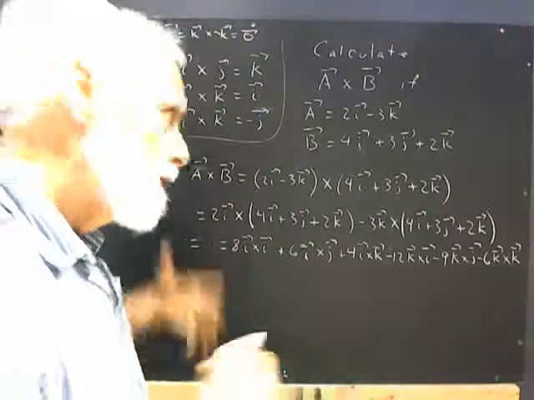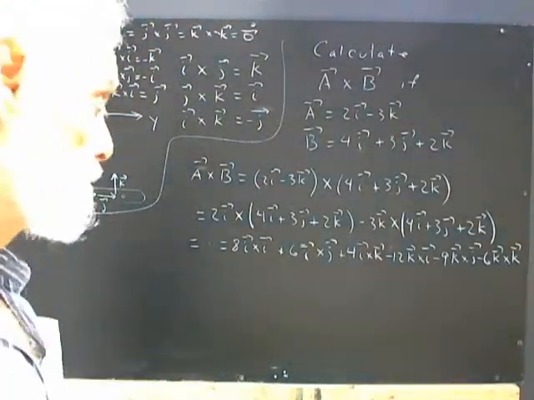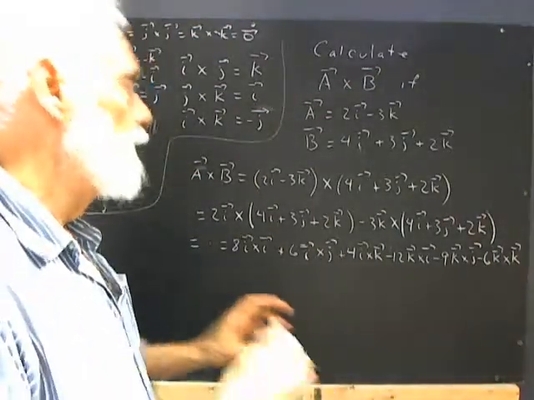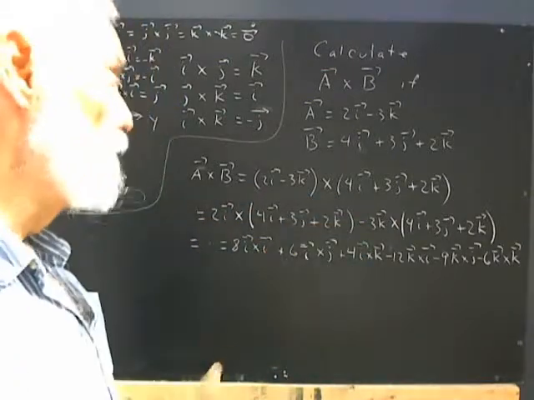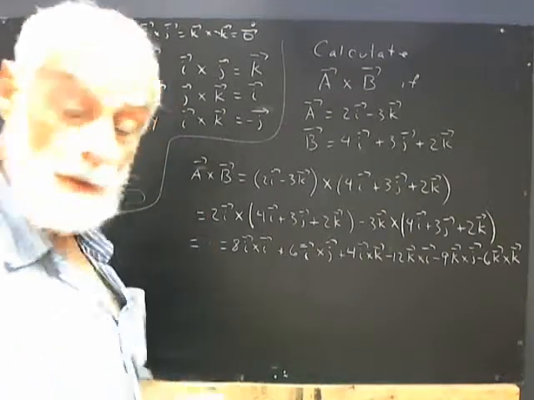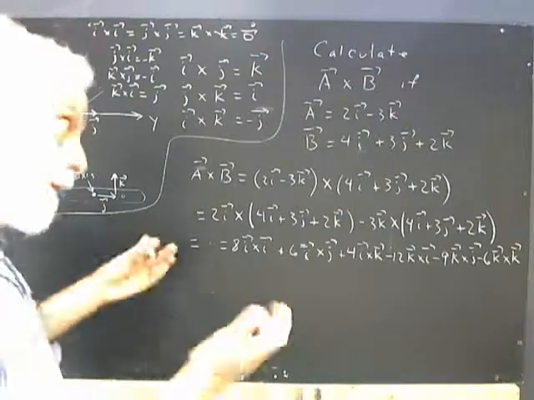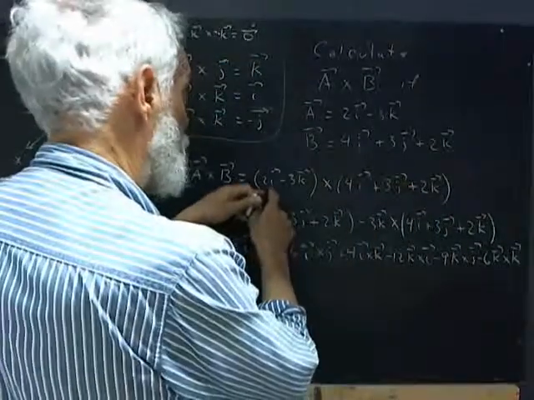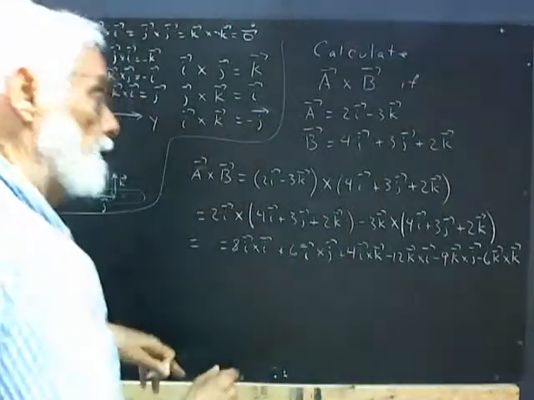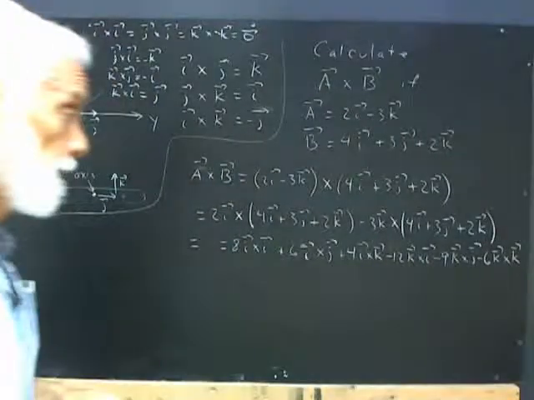Now, again, the algebra is very similar to just regular algebra with real numbers. We do have the fact that if you reverse the order of a cross product, you do reverse the result. So we have to be careful to use these rules correctly. But having written this out, we can simply apply the distributive law that this cross product should be 2i crossed with all this, 2i crossed with the B vector, minus 3k crossed with the B vector.